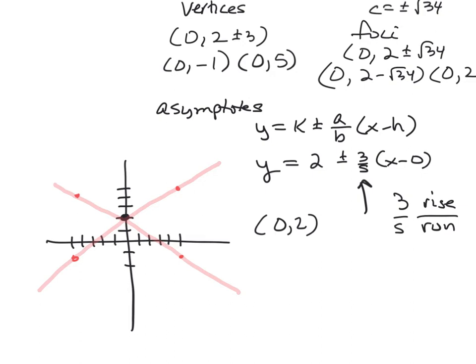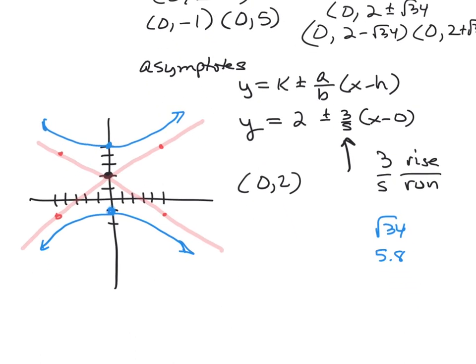Graph the vertices, (0, -1) and (0, 5). Use the asymptotes as your guide. And then also graph the foci. Foci had the square root of 34 in it. Square root of 34 is about 5.8.